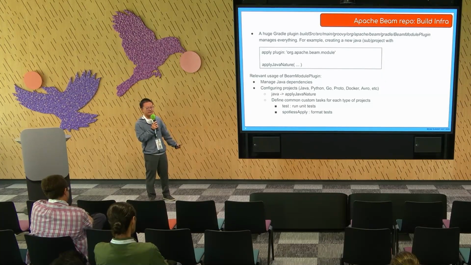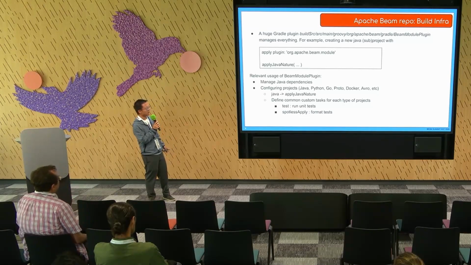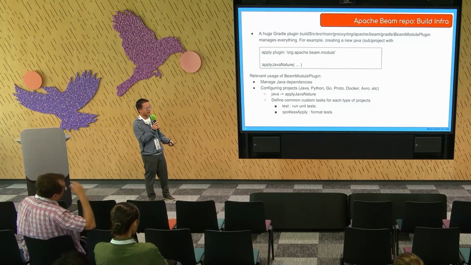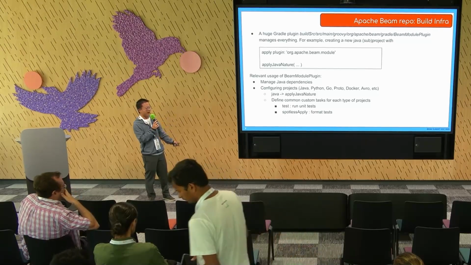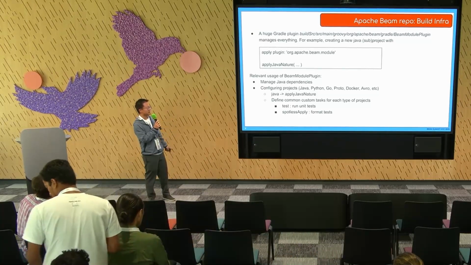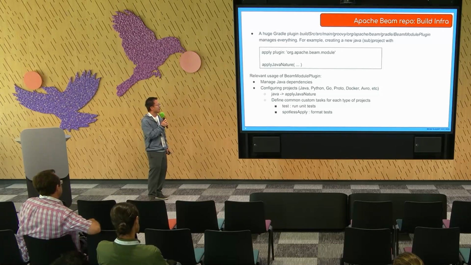Although Gradle lives in the Java ecosystem, we also use Gradle to run Python tests, build the Python artifacts, and also for Go. So you would need a Java environment to build Beam.